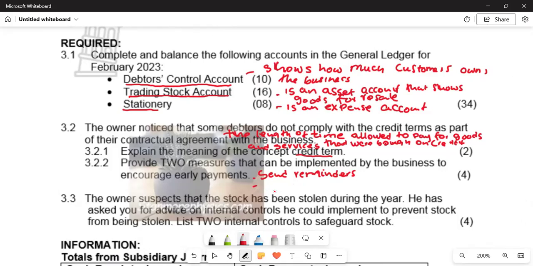Also, give discounts for early payments.